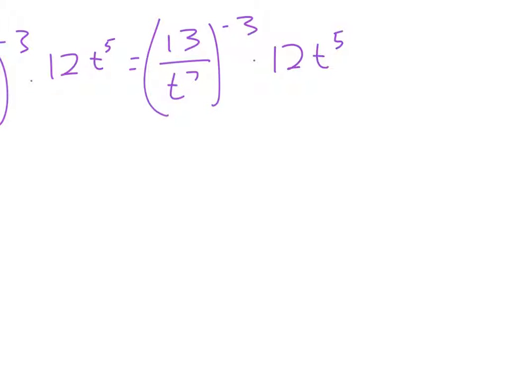The negative 3rd power would flip that over, and I'm going to go ahead and multiply the 7 by the 3 as well, so I'd have t to the 21st power, and 13 to the 3rd power is 2,197, and again they flipped because of the negative exponent, and that's still getting multiplied by 12t to the 5th.